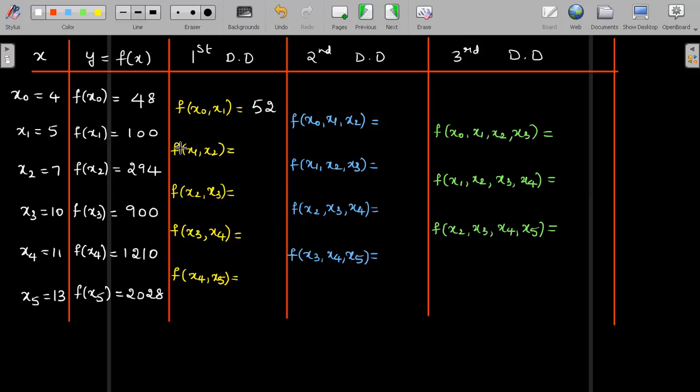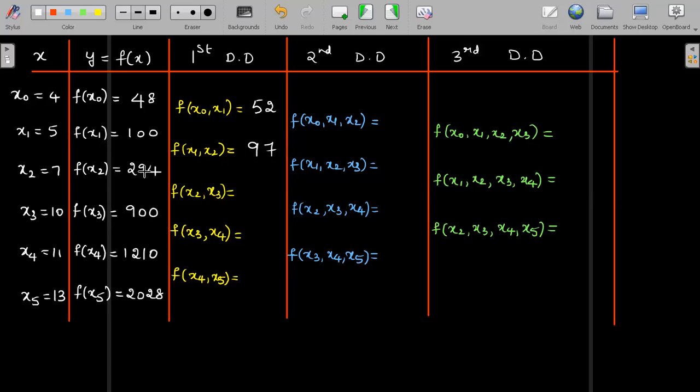Similarly, the next value f of x1, x2 can be obtained by, in the previous column, the latter value minus the previous. So 294 minus 100 divided by 7 minus 5. In the x column, it is x2 minus x1. So 294 minus 100 is 194, divided by 7 minus 5 which is 2. So 194 divided by 2 gives you 97.